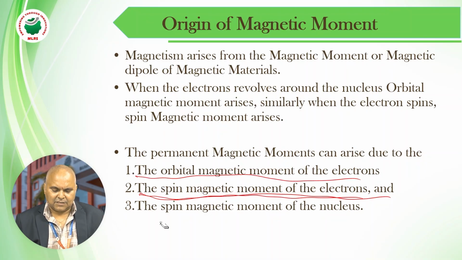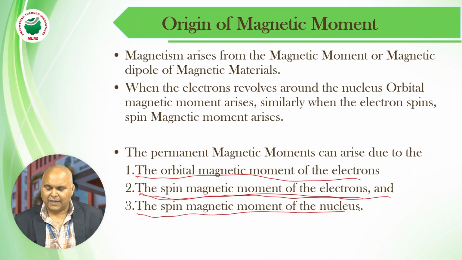Another one is the spin magnetic moment of the nucleus, which also participates in magnetic materials. Depending on the nucleus, a magnetic moment will occur. This magnetic moment of the nucleus and of the orbital is usually in the f-block elements, that is lanthanides and actinides.